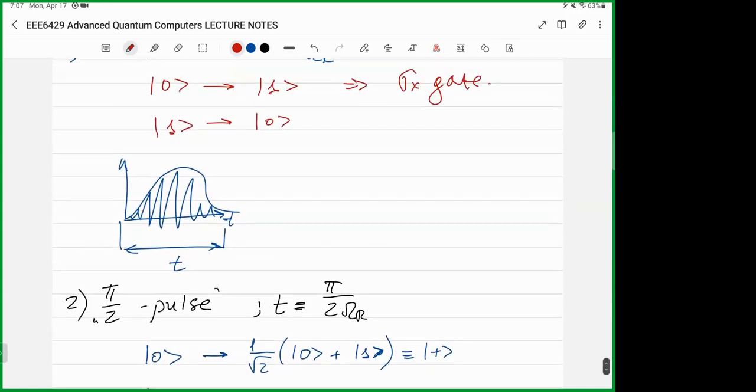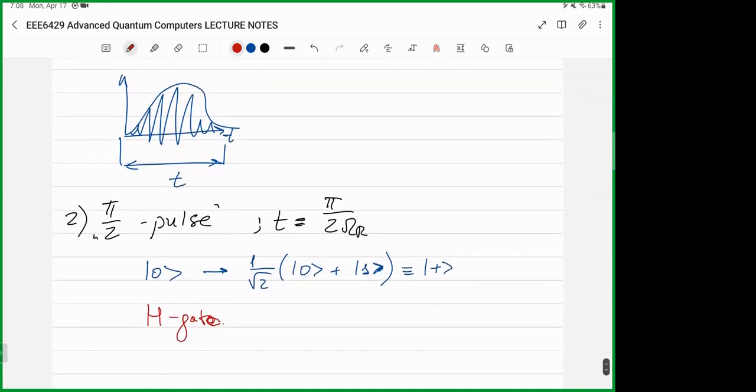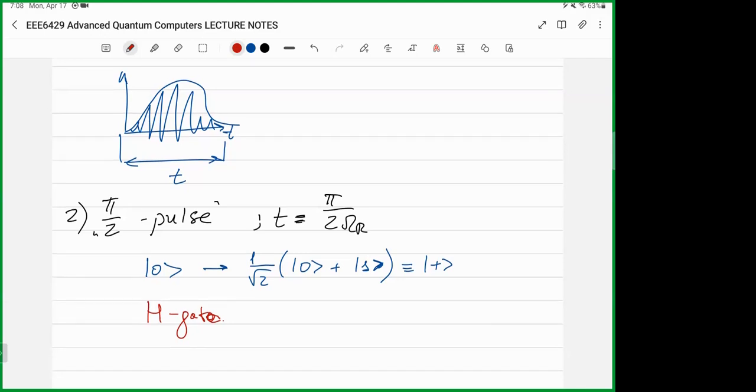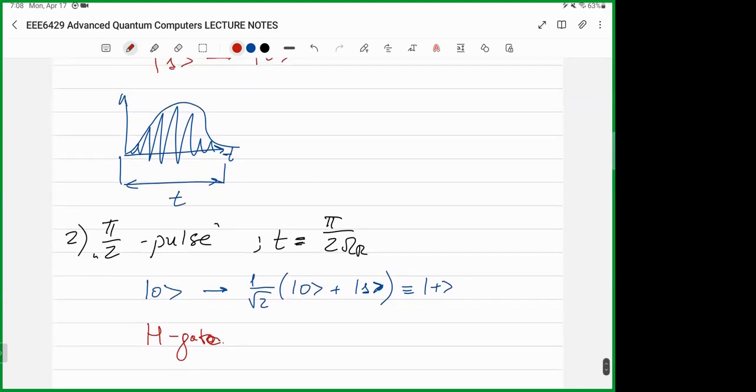So the sigma X gate, Hadamard gate, and other types of gates are enabled just by pulse engineering. So basically you send pulses of different duration to your system, and this enables these gate operations. Pretty simple, at least for single qubit gates.